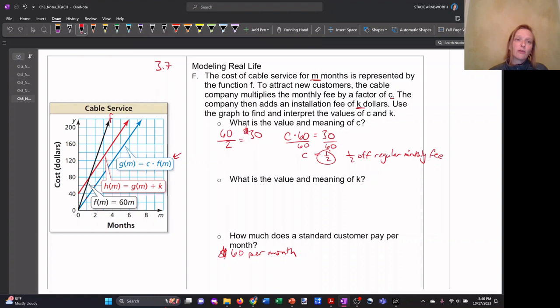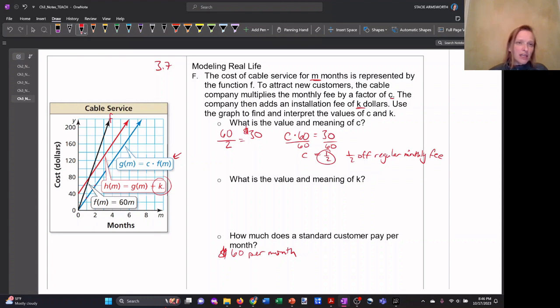If I then look at the red function here, h of m takes my g of m function, which I just discussed, where c equals 1/2, and I add a value k to it. So remember, with y equals mx plus b, that extra addition factor gives us our y-intercept.